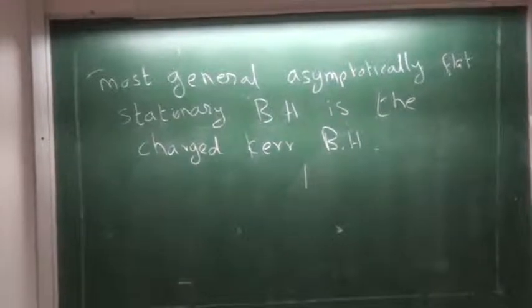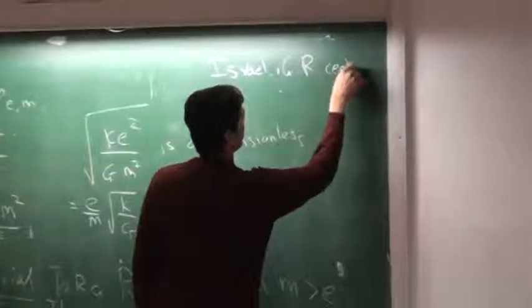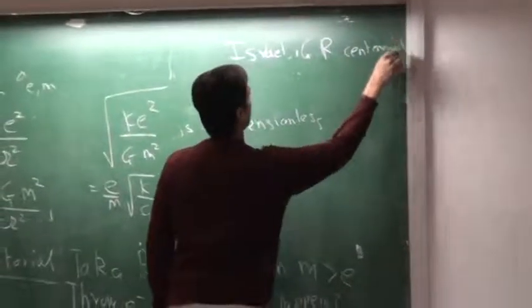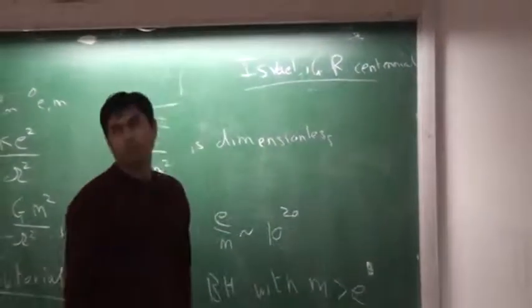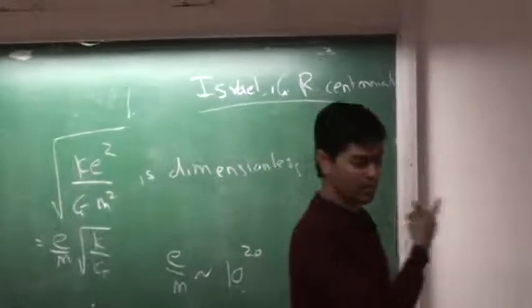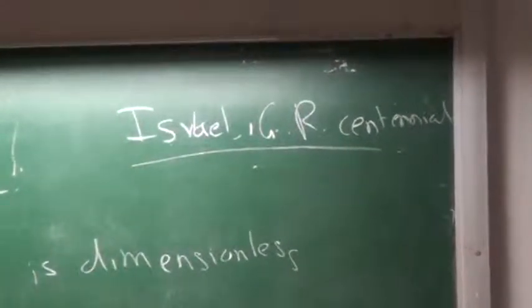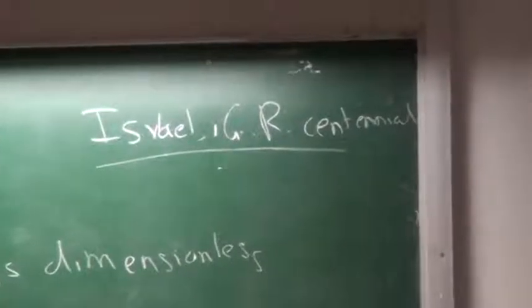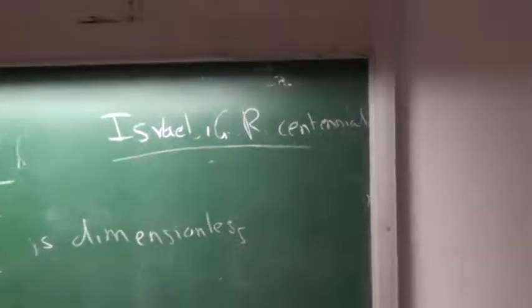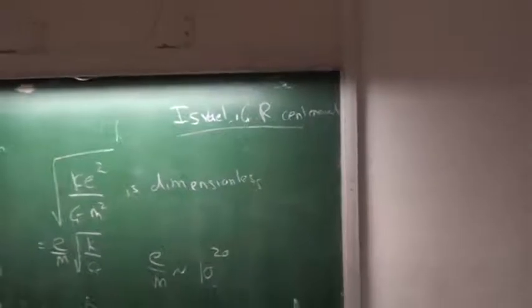So look at Israel's paper in the GR Centennial collection in APS, which proves a version of this. This statement is slightly stronger than what Israel proves. But if you'd like to look at how the proof is done, this is one paper to look at. And as I said, this is a very useful collection of papers, which you can look at otherwise as well.